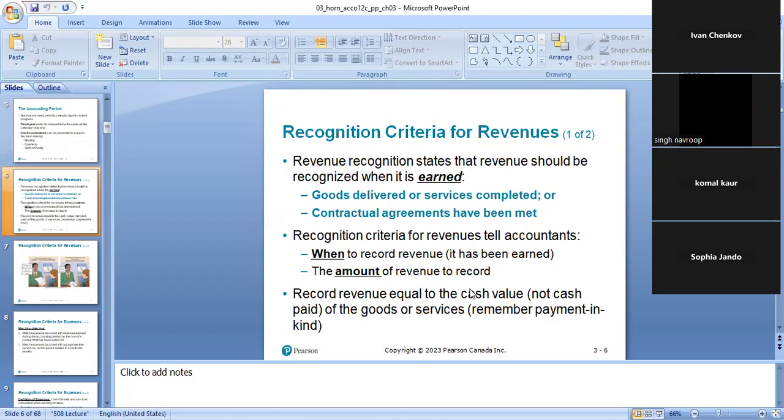At the end of May, did Douglas College provide service to you? In terms of lectures, did you receive any lectures from the beginning of the semester to the end of May? Yes. For what period? For one month.